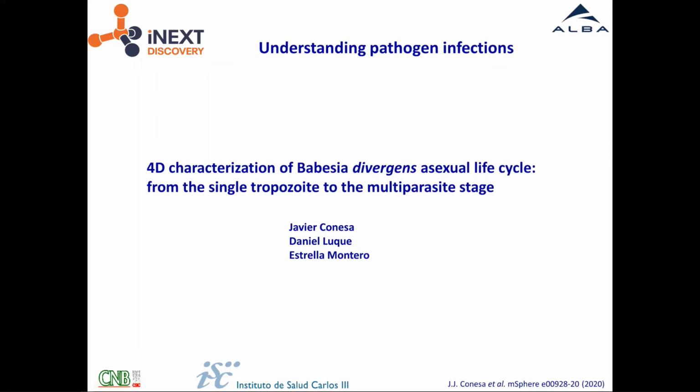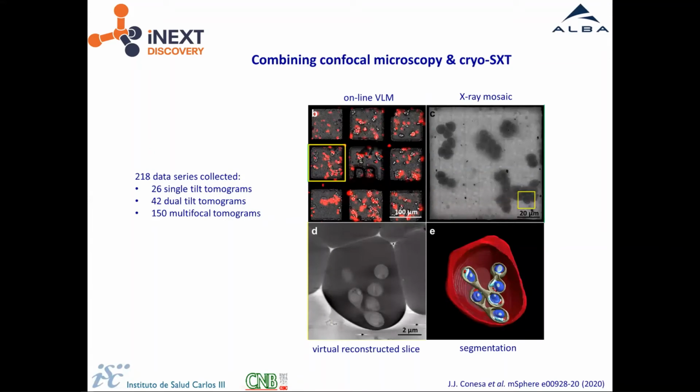And Javier was combining confocal microscopy and soft X-ray tomography because confocal was giving him the chronological order, let's say, the chronology of this life cycle, while soft X-ray tomography was giving him the structure of the parasite inside the red blood cell. So by combining both of them, he was able to describe the full cycle of this parasite.